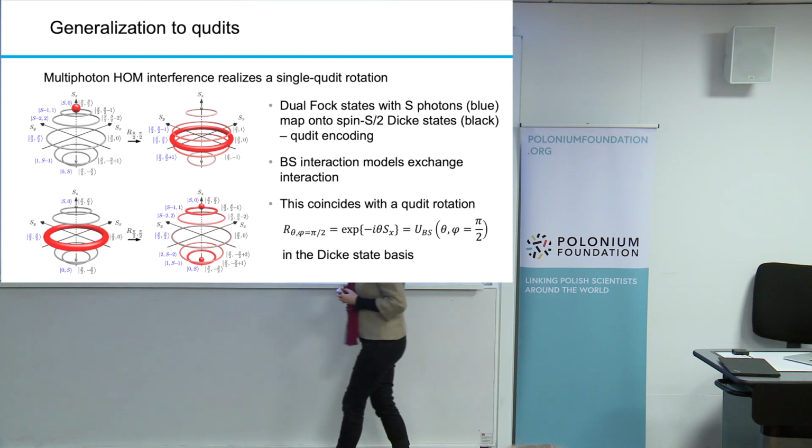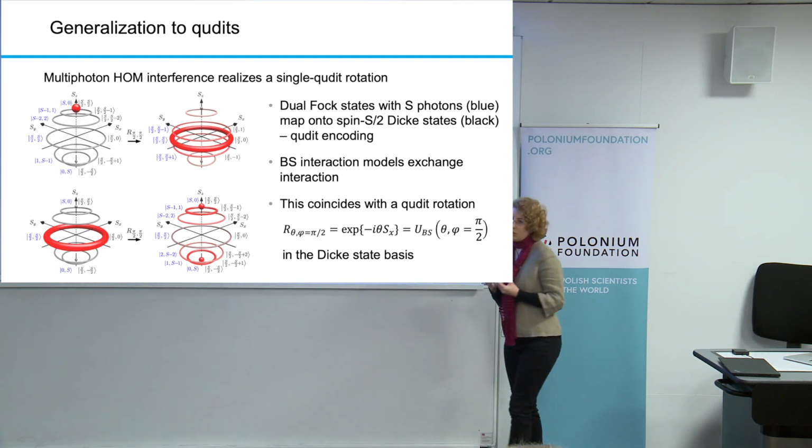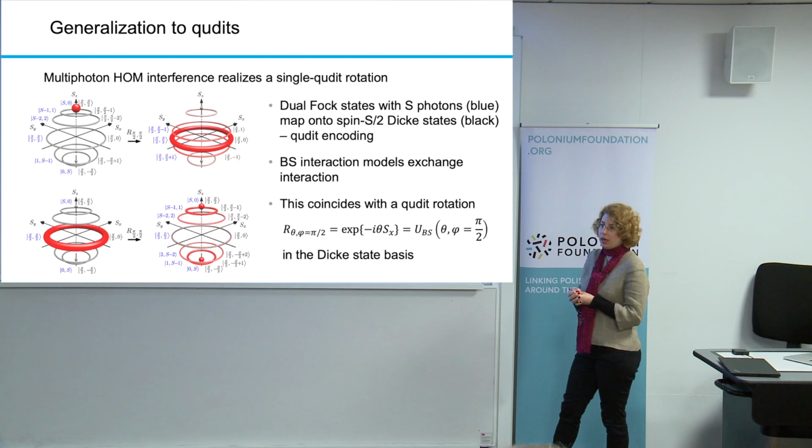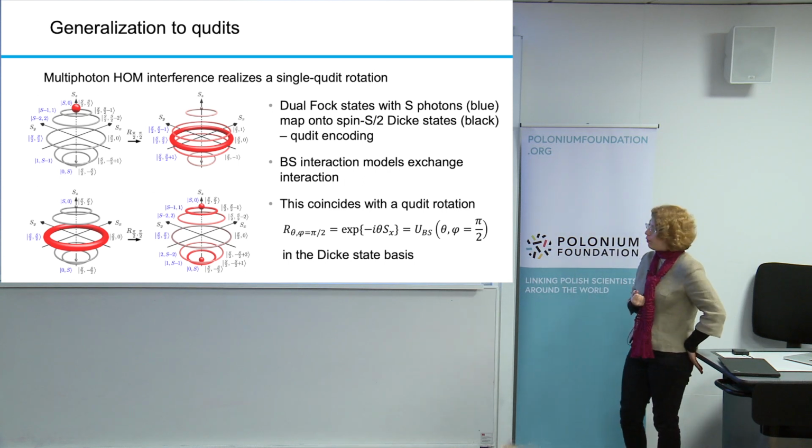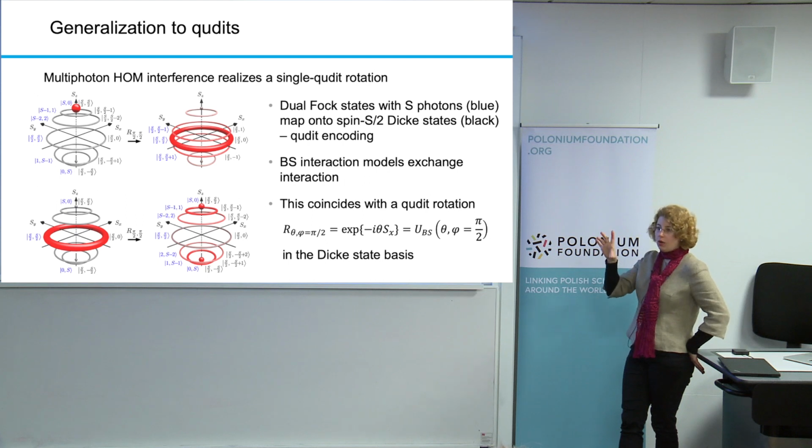So how do we translate two-mode Fock states onto a basis of Dicke states of a spin S, where S is N/2, where N is the total number of photons. And in this way, we can understand that this generalized Hong-Ou-Mandel interference that we've seen corresponds to a rotation of this big spin on its sphere, on the Bloch sphere.